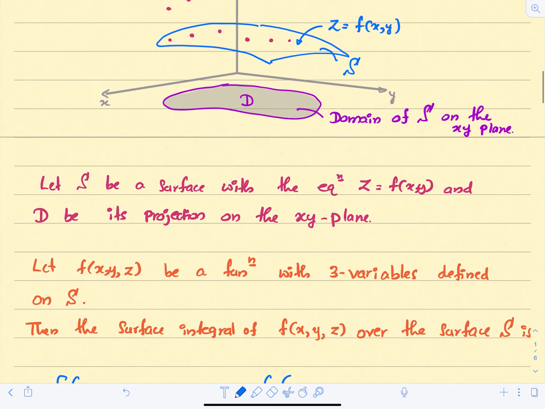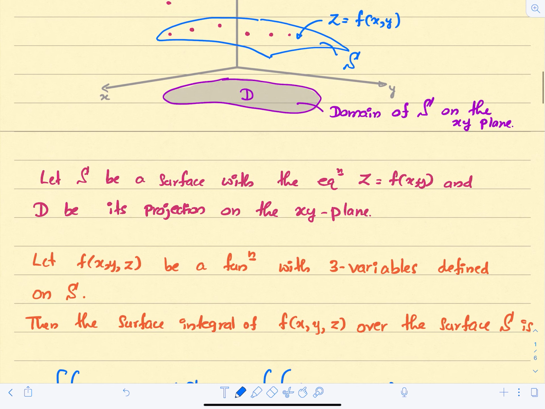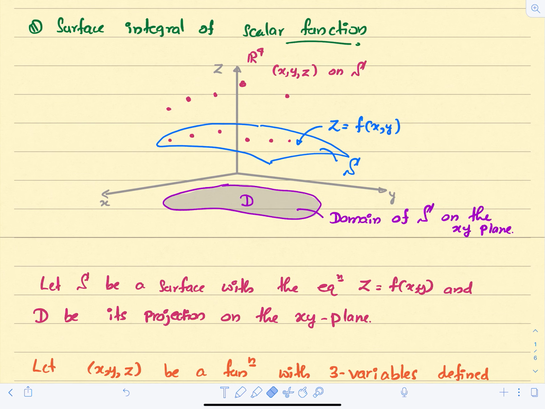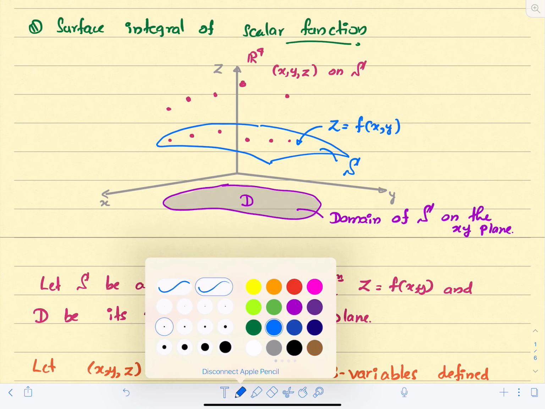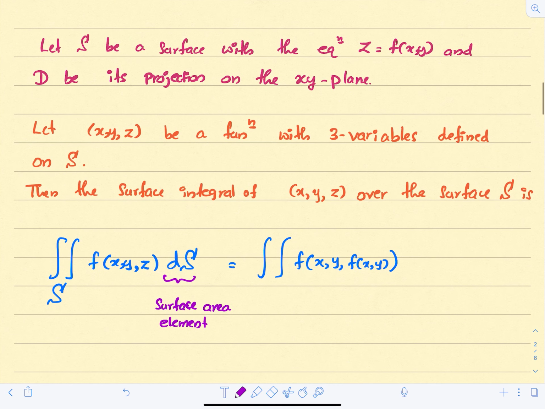I think we should change the letter, because we have two little f's. So let's change this function to be g, and this must be g as well. Otherwise I have the same letter for two different things.